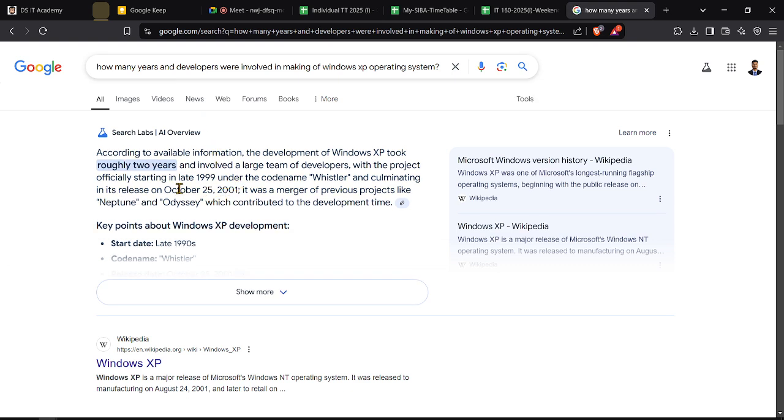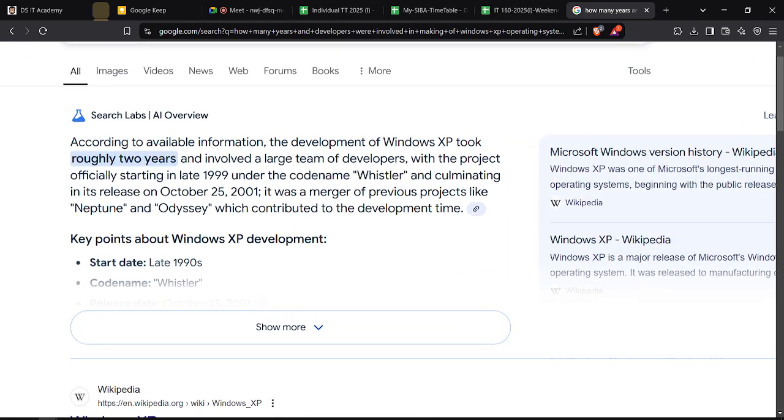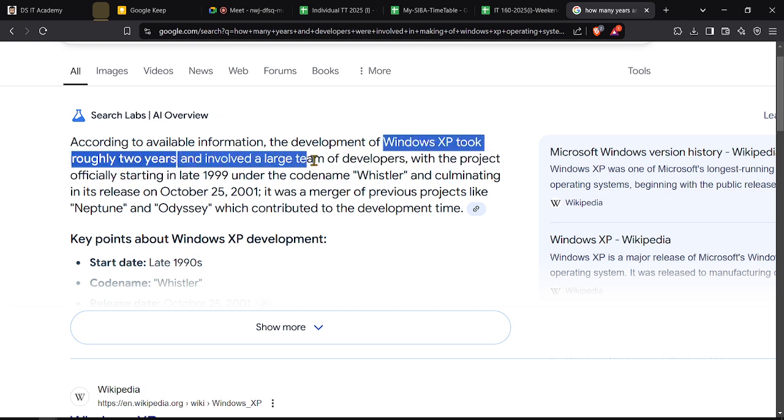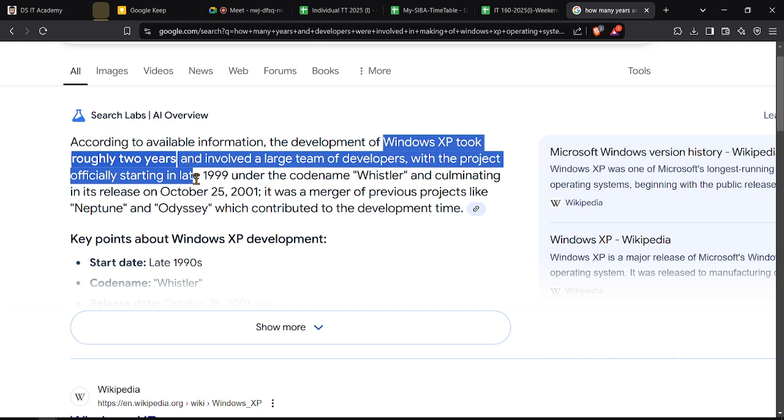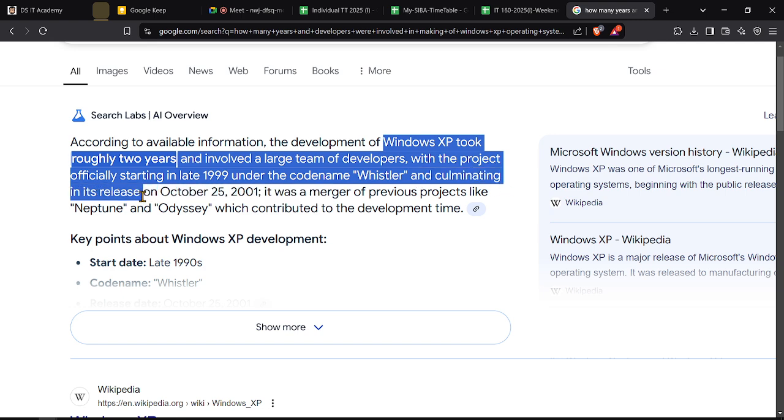Right here, according to available information, the development of Windows XP took roughly 2 years and involved a large team of developers, with the project officially starting in late 1999 under the codename Whistler and culminating in its release on October 25, 2001. So approximately 2 years, right?